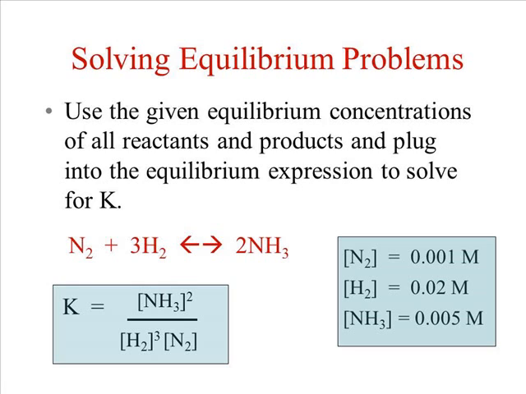We know at equilibrium we've produced 0.001 molar nitrogen, 0.02 molar hydrogen, 0.005 molar ammonia. If we plug those values into the equilibrium expression and raise them to the power of that coefficient, we will get a number. Go ahead and pause and put those values in and calculate them.